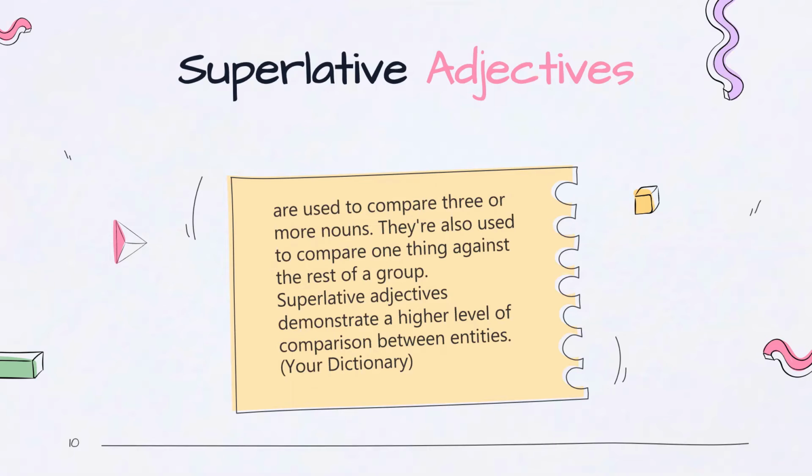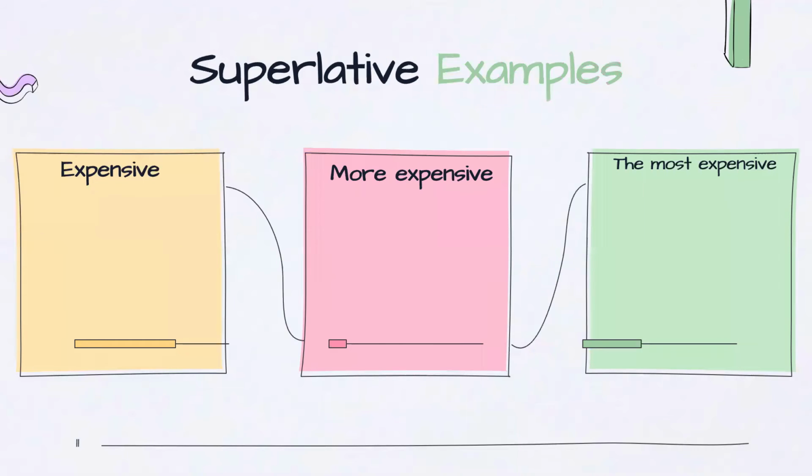Superlative adjectives demonstrate a higher level of comparison between entities. This definition is provided by your dictionary. Here we have some examples to see how the superlative is comparing between three other things.